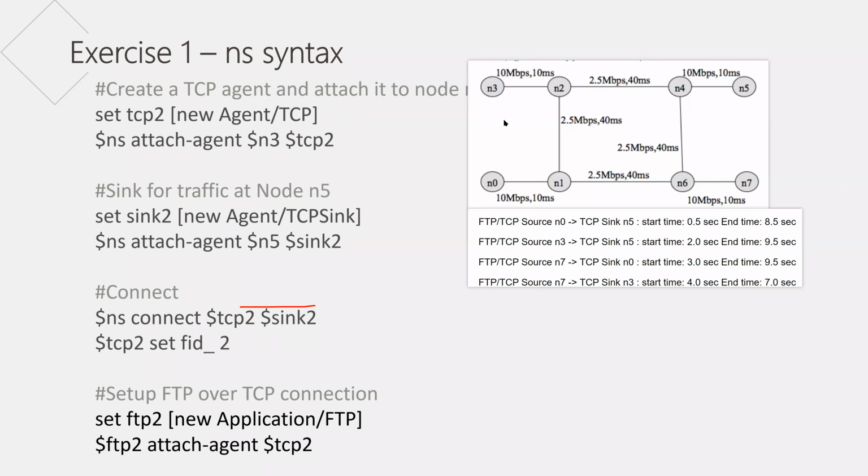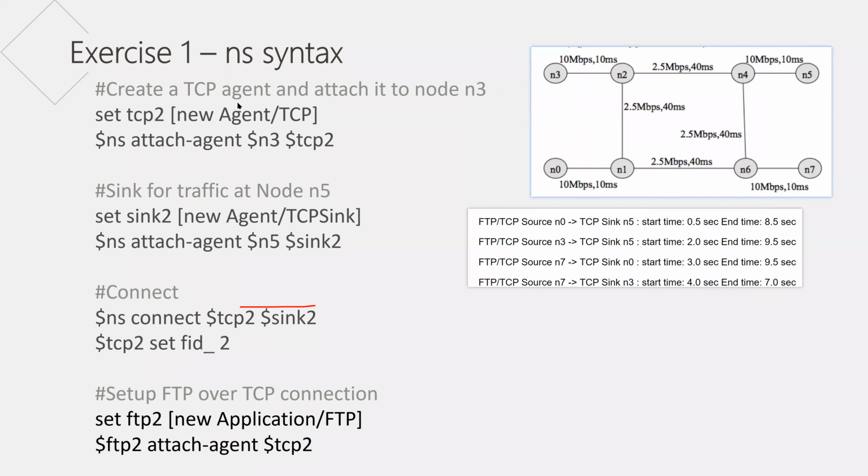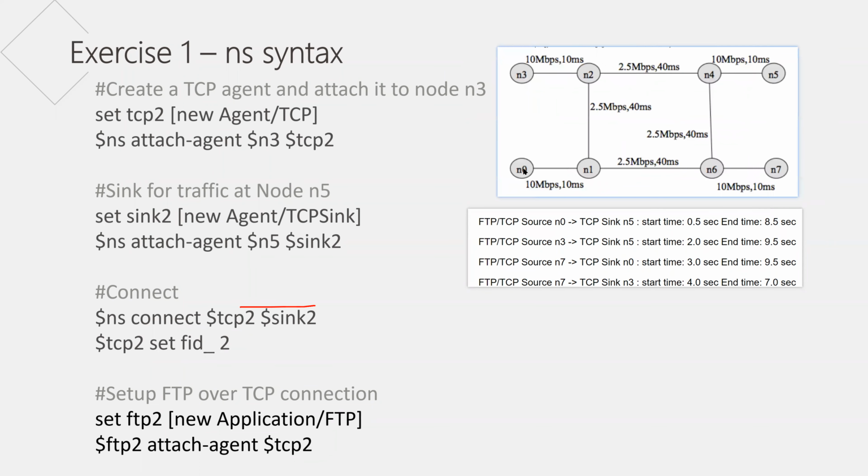To create a TCP agent and attach it. So what does this mean? Because we have already built this structure here, we want to create a TCP connection, let's say from N0 to N5. So what should we do? We will use this to create the agent and attach it.